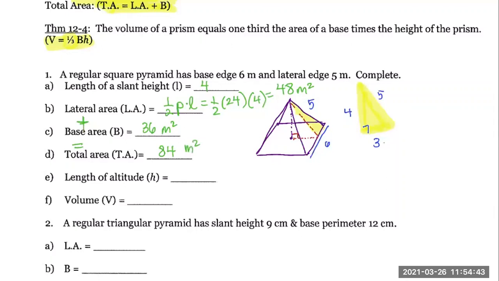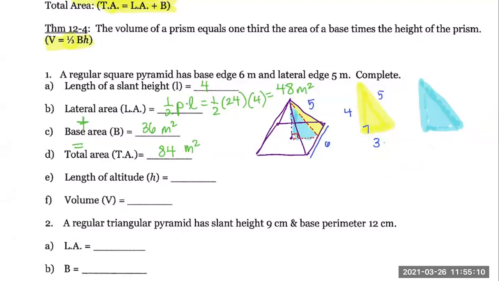Okay, so the next thing we're going to do, if you have a different color highlighter, go ahead and highlight now the other triangle, the cross-section triangle, this one. So that triangle right there is the one that you would get if you sliced it.